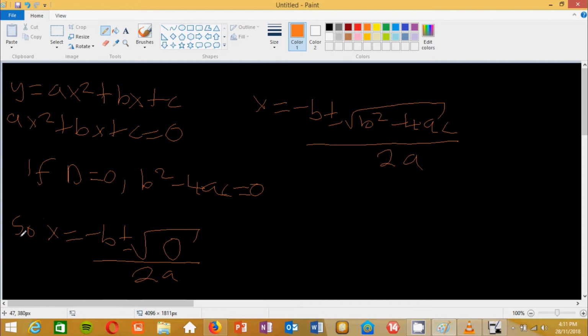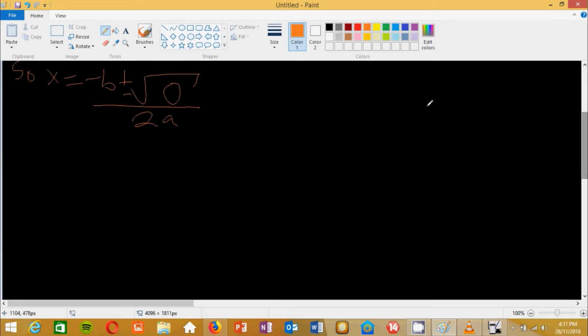So the solution to our quadratic equation is going to be x is equal to negative b plus or minus the square root of 0. But if you analyze this a bit more, you'll realize that the square root of 0 is just 0.